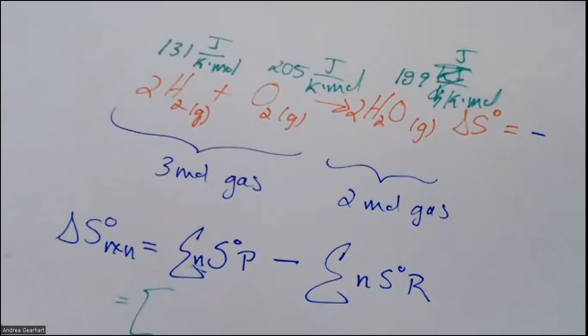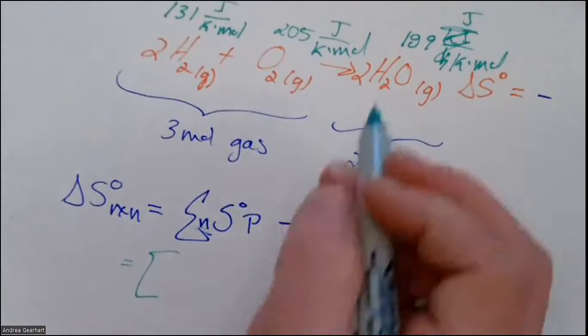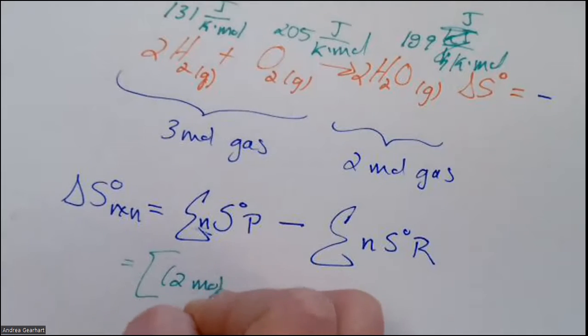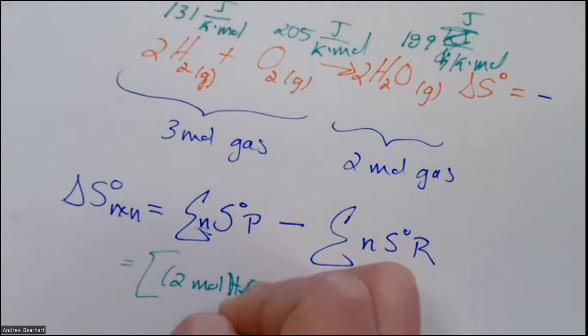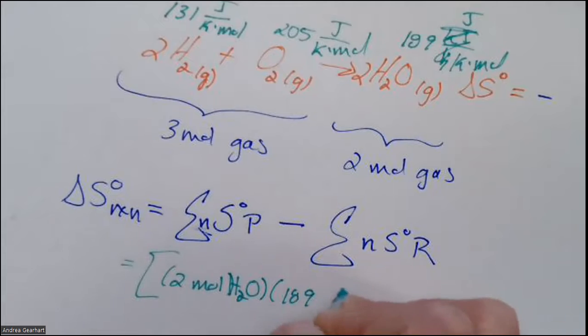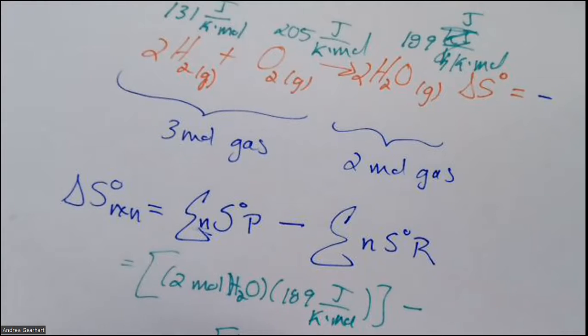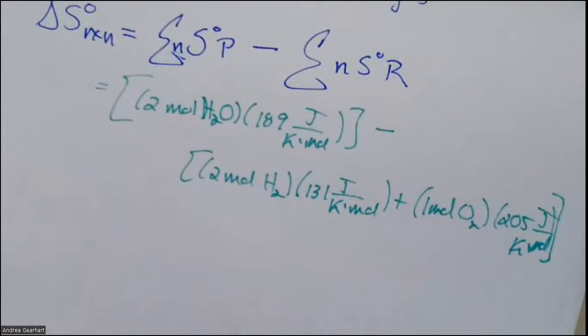Okay, so what would we do? Product minus reactant. So 2 moles of H2O gas times the 189 minus 2 moles of H2. All right.